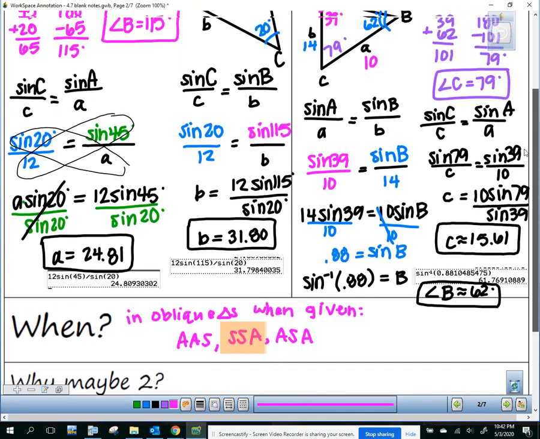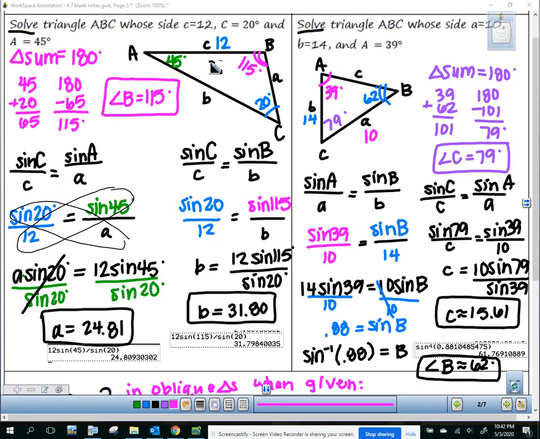So in this first example, what was given was side C, angle C, and angle A. This one was angle, angle, side. It is not angle, side, angle, because the side is not the side between those two angles.